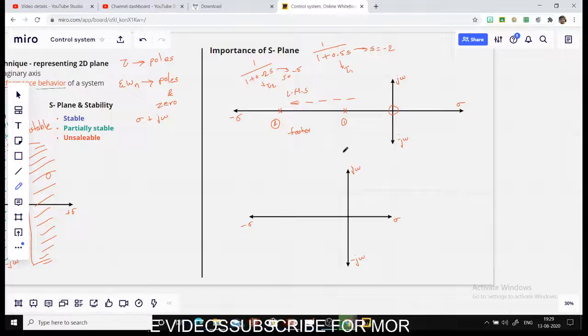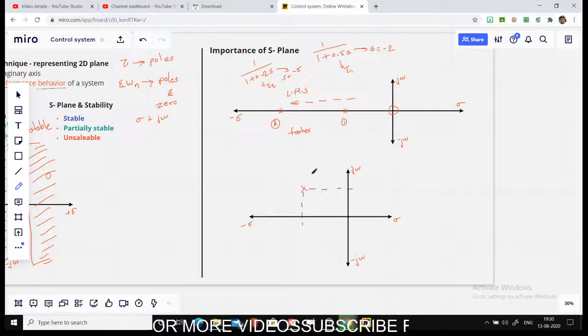Now let us understand how these pole and zero values will directly give you various time response specifications. Let us say I have a pole here and I am plotting that pole on my S-plane.